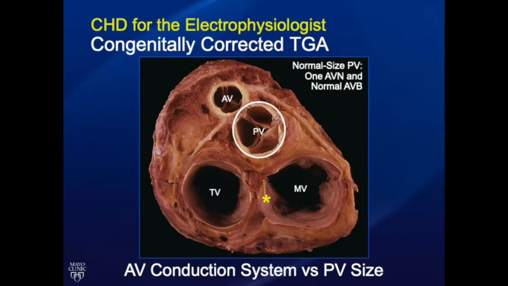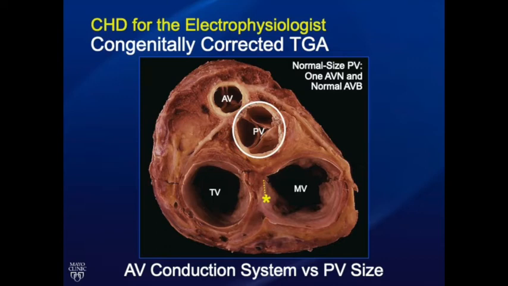Pulmonary trunk taking the place of the centrally located aortic annulus creates a difference in the course of the penetrating bundle of His and the possible locations for the compact AV node. So putting these two together, we can come up with a couple of guidelines. First, key finding to anticipate functional and number of AV nodes in CCTGA is the size of the pulmonary trunk, the pulmonary annular size.